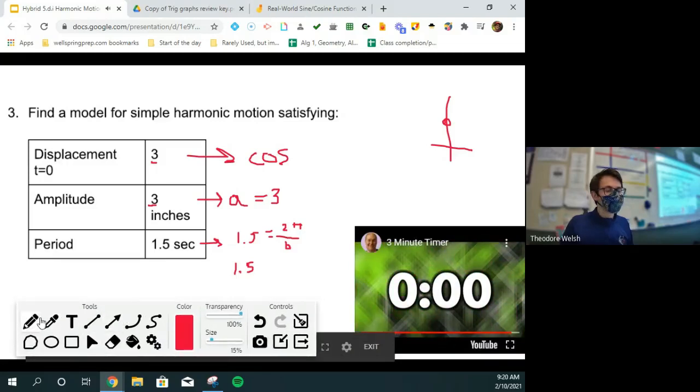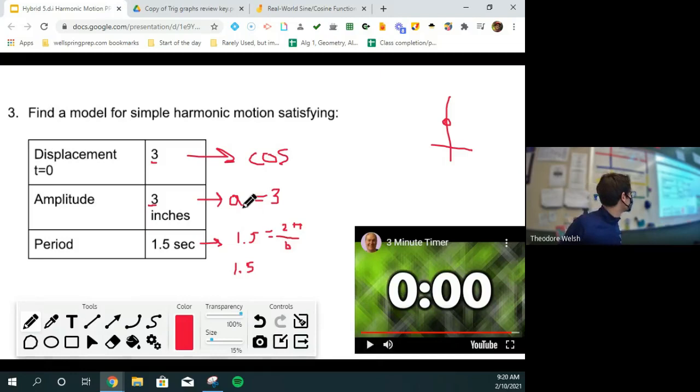All right, so starting to walk through this one here. Amplitude is 3, our period is 1.5, so when we're writing our function, we have to determine our b value. 1.5 equals 2 pi over b. 1.5 as a fraction is 3 over 2, which may be more helpful when solving for b.